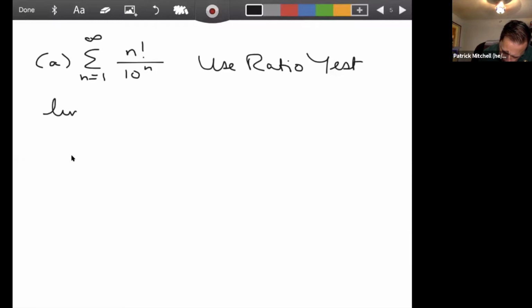The limit as n increases without bound. I'm going to write absolute value and then I'm going to drop it because this series does not have any negative terms.